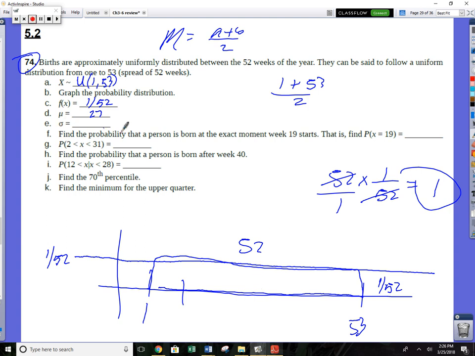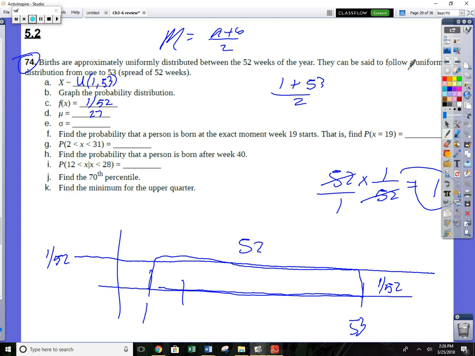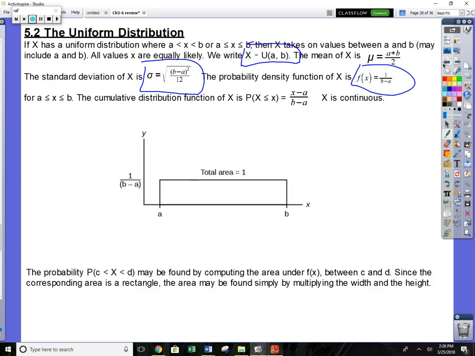It's the standard deviation. We're going to have to look on our notes. Standard deviation is the square root of B, that was 53, minus A, that's 1, squared, divided by 12.